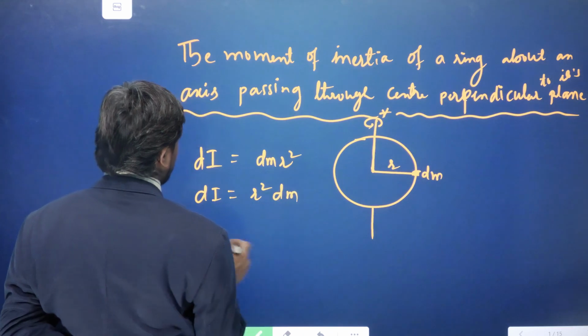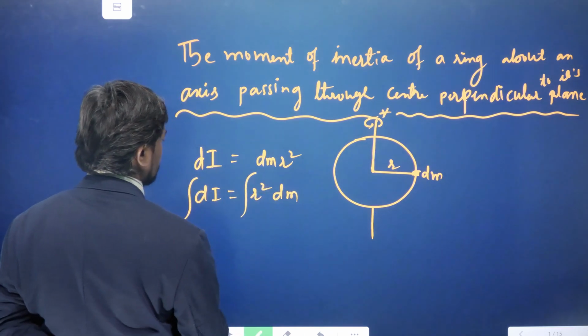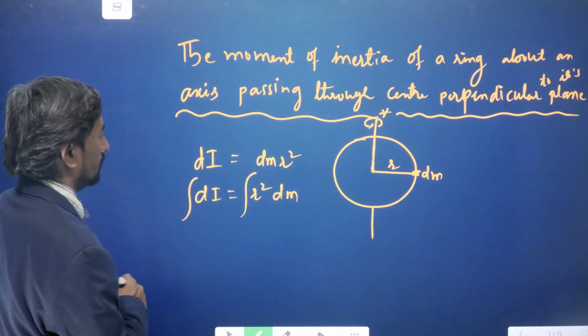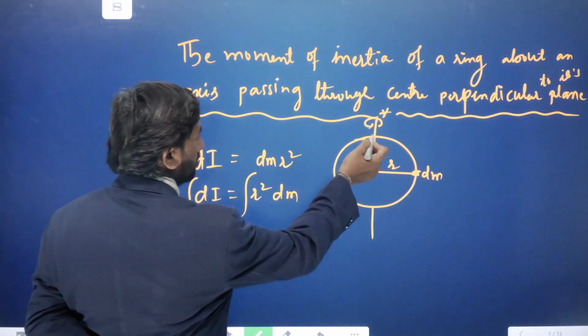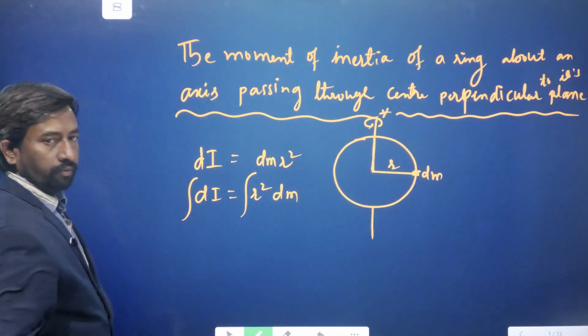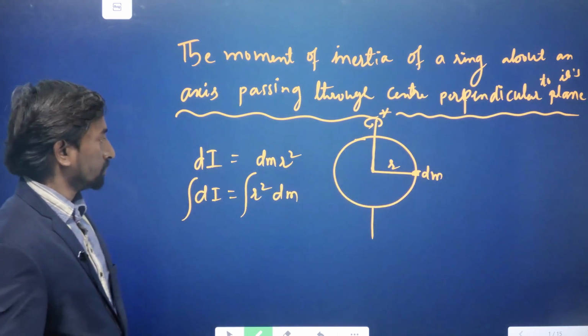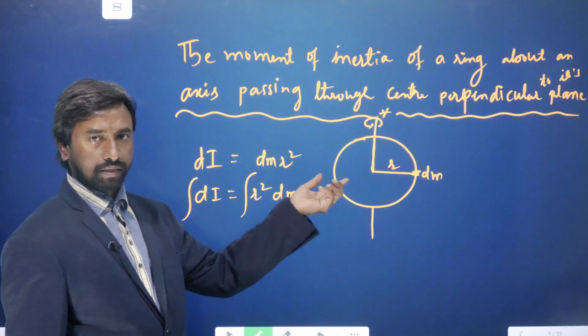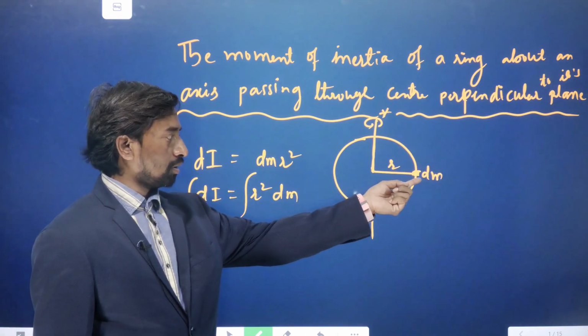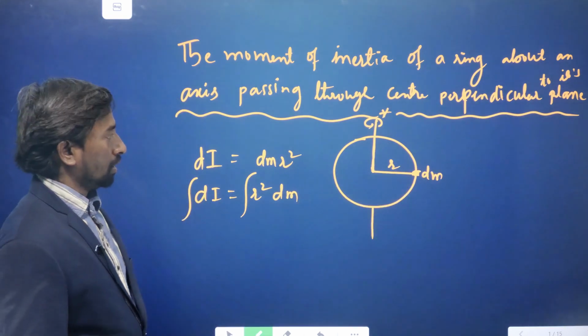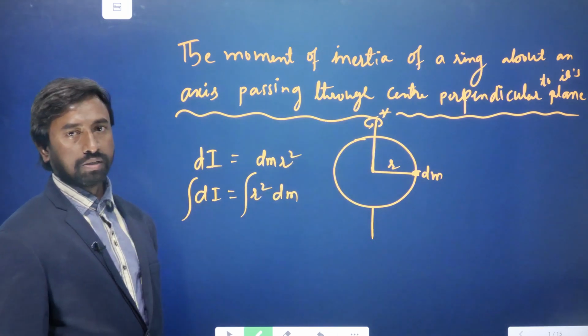Now if we integrate on both sides, whether it rotates anti-clockwise or clockwise, the radius, the perpendicular distance of the particle from this axis, will be constant.